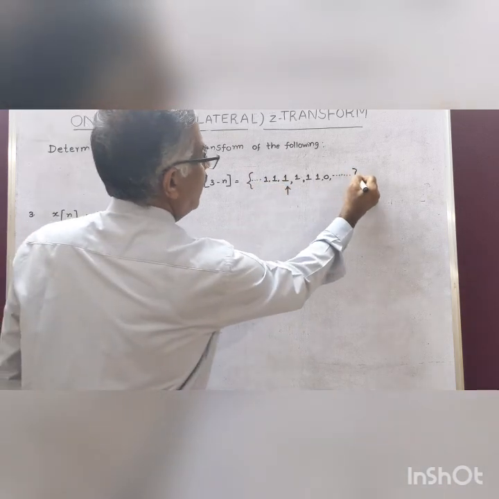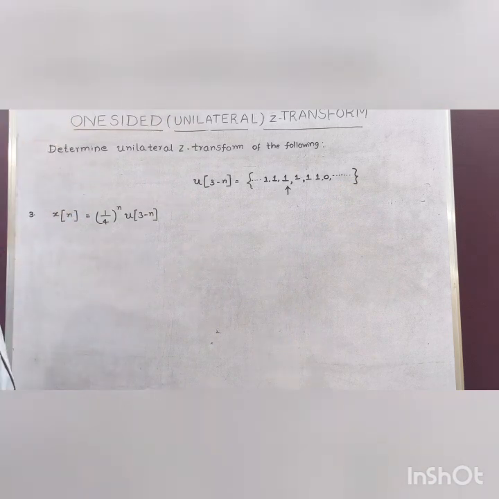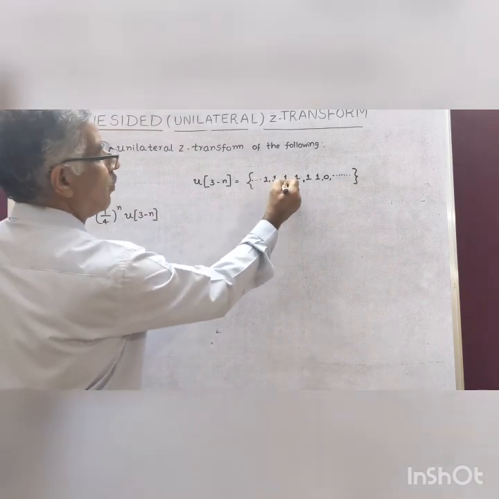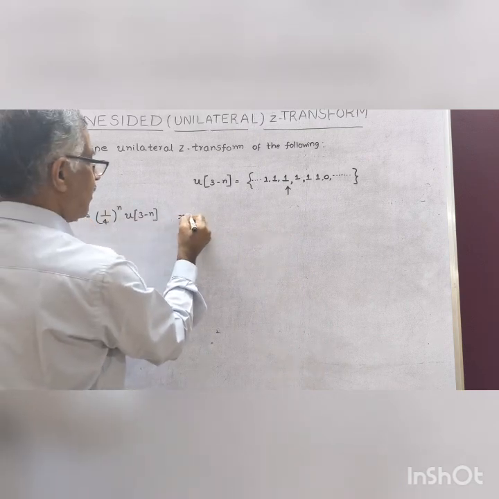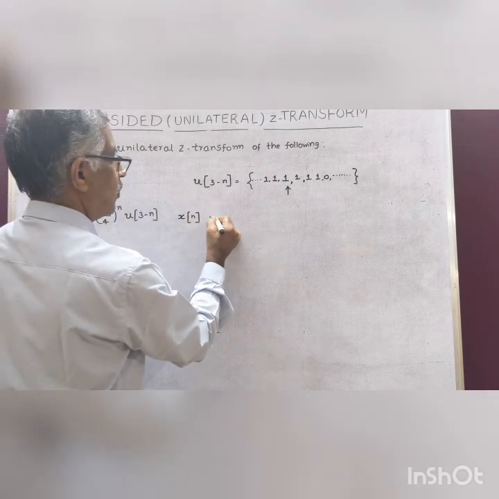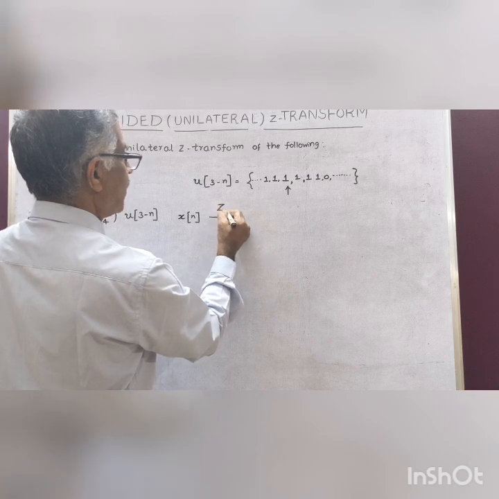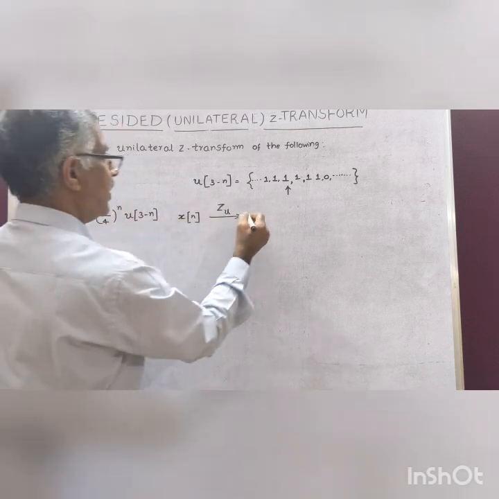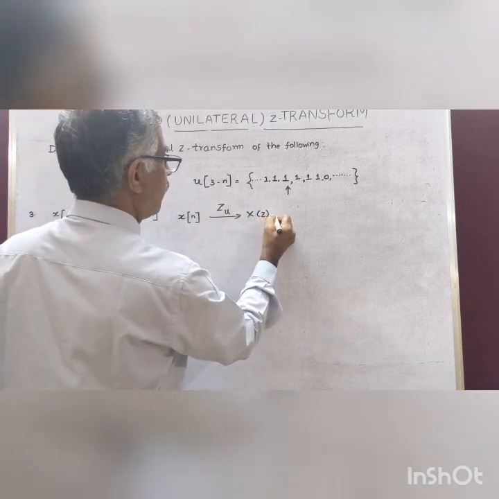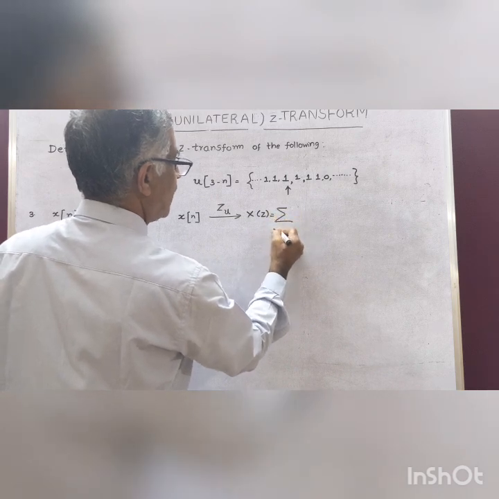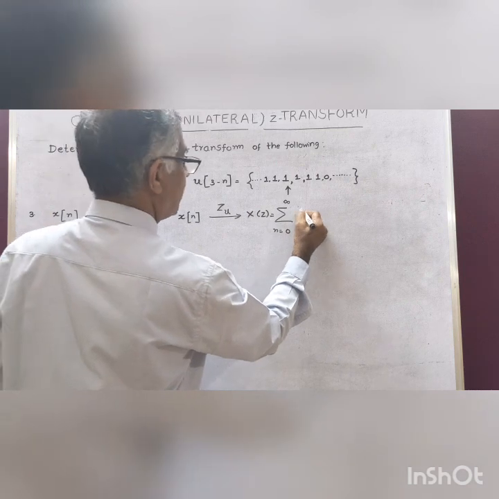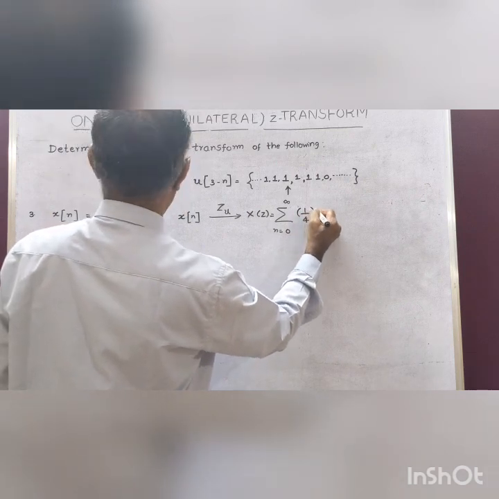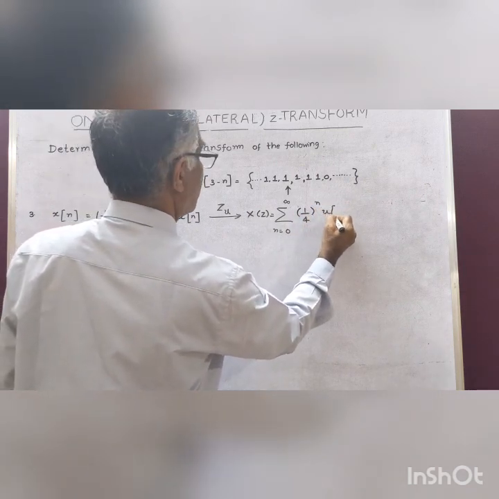But while considering the unilateral Z transform, we have to take only n equal to 0 to infinity. Therefore, x of n going to the unilateral Z transform is given by x of z equal to summation n equal to 0 to infinity 1 by 4 to the power of n u of 3 minus n.